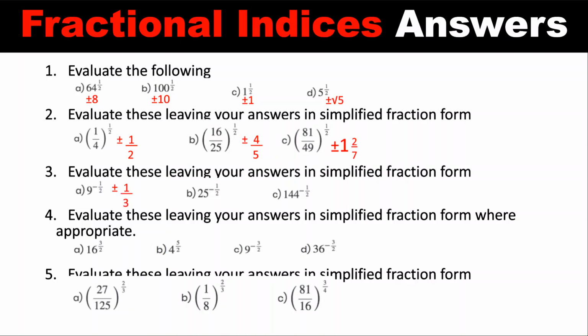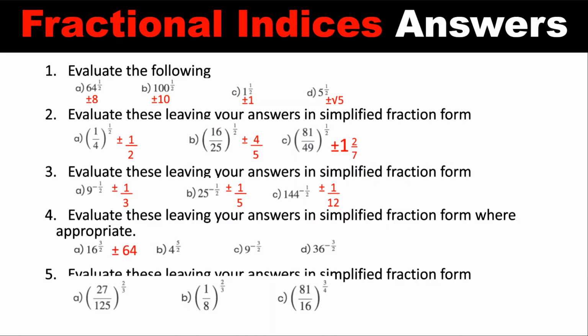Question 3, A is plus or minus a third, B is plus or minus 1/5, and C is plus or minus 1/12. Question 4, I hope you remembered to do the root and then raise that answer to the power of the numerator of these fractions.